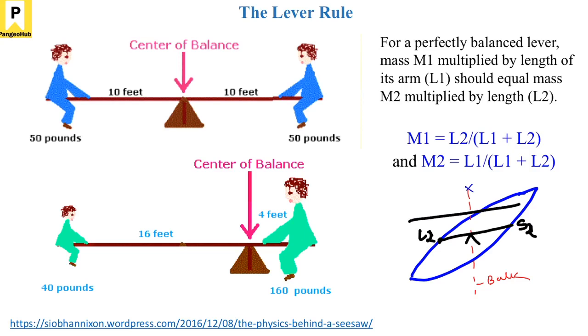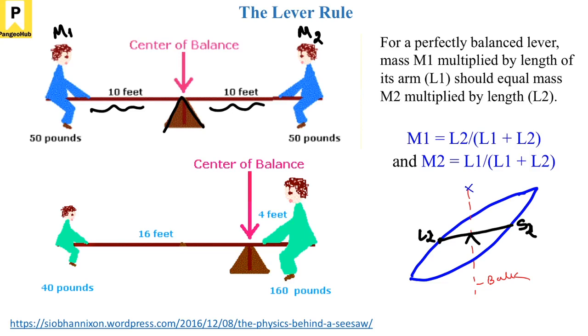Now you can relate this diagram with these diagrams. How are they related? If you have the fulcrum sitting here, and this is m1 and this is m2, then the lengths of the rods are in proportion to the masses of the bodies. To maintain the seesaw at equilibrium, both sides should be balanced.